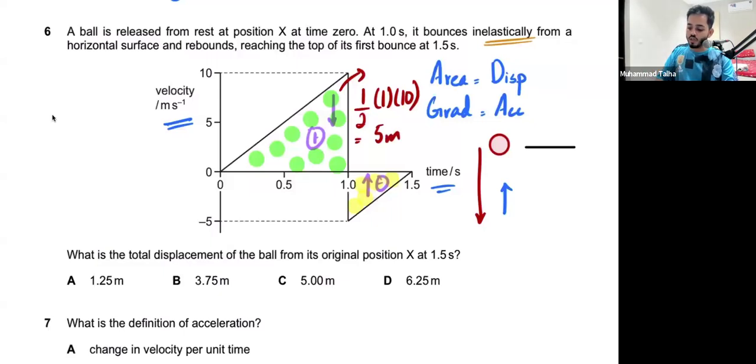And then if I do the one in blue, it's half into 0.5 into 5, which is 1.25. So it fell 5, it only rose up 1.25. So the difference between the two is what I really need, which is 5 minus 1.25. Let's go on to the next one.